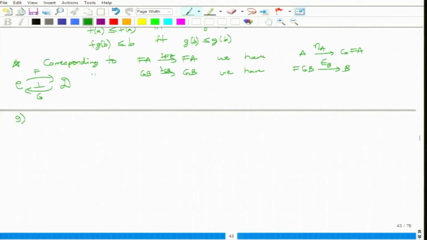Now I can talk about one particular class of adjunctions. An adjoint pair, F left adjoint to G, is called a reflection if F is fully faithful.